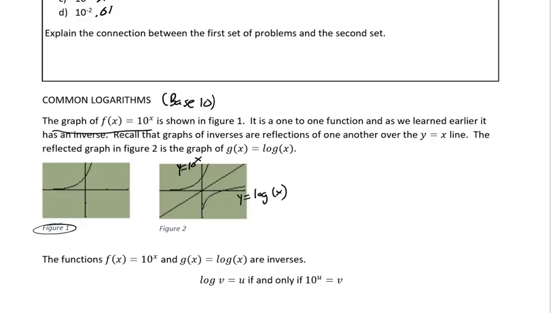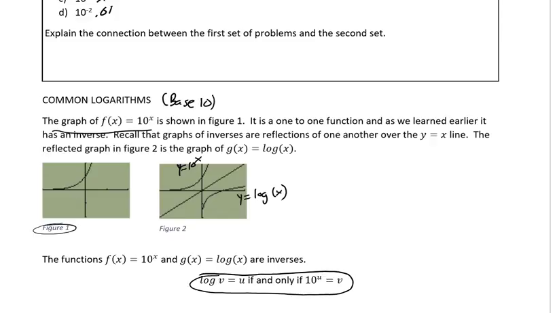A very important thing to remember here: the log of v equals u if and only if 10 to the u power equals v. I wanted to show you that these are related to exponential functions, and these functions and exponential functions undo each other.